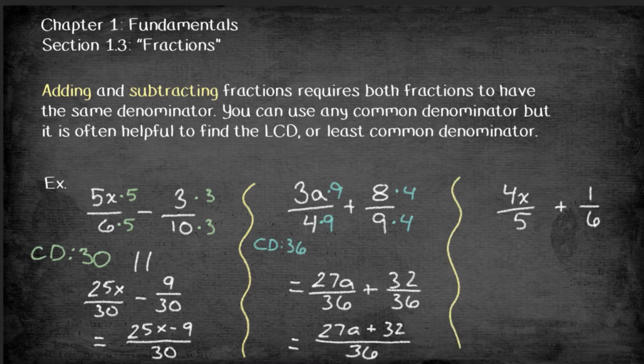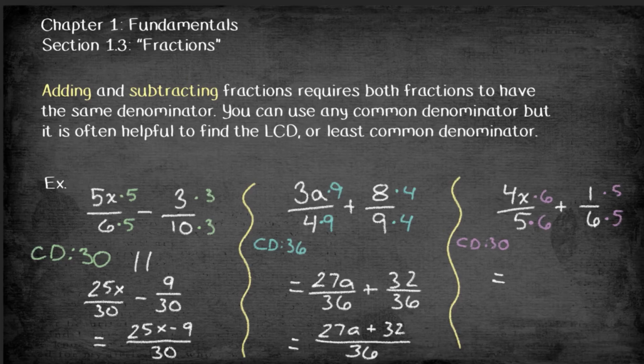And last up, we have 4x over 5 plus 1 over 6. So we're just getting some practice adding and subtracting fractions, especially ones that have variables in them, because that's very nerve-wracking. A common denominator for 5 and 6 would be 30. So to get to 30 from 5, I have to multiply by 6, and to get to 30 from 6, I have to multiply by 5.